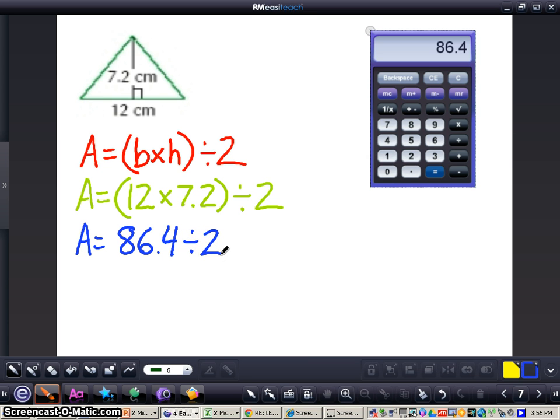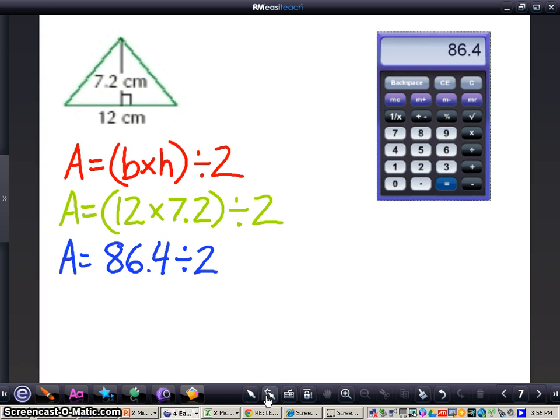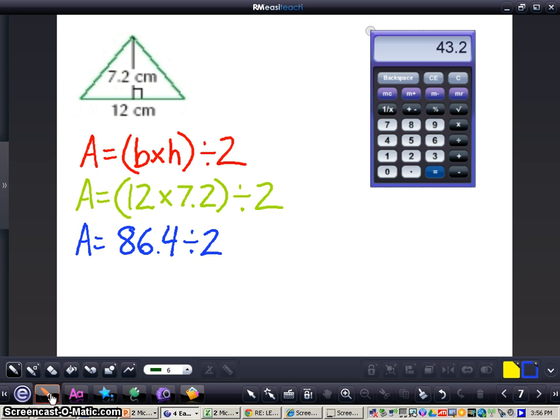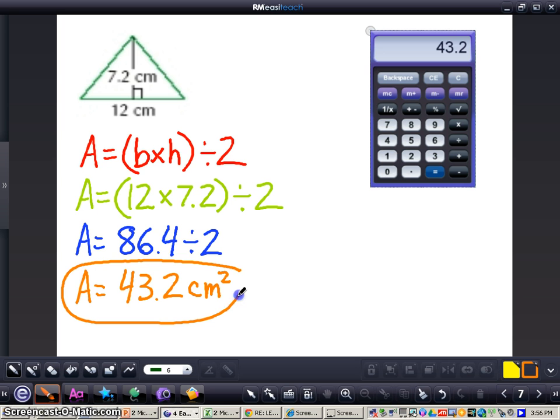And then my final step is to take that 86 4/10 and divide it by 2. You may have to retype it in your calculator. If yours looks like mine, you can just type in divided by 2. That's going to give me 43 2/10. So area equals 43 2/10 centimeters squared. Circle that for our answer.